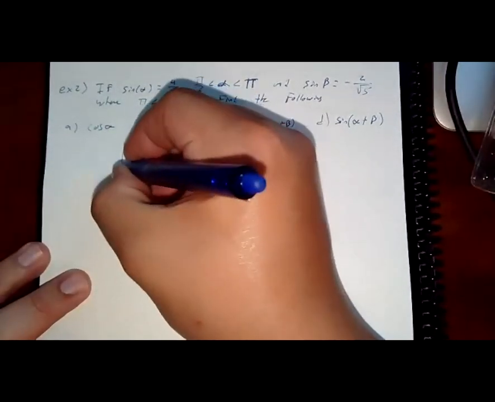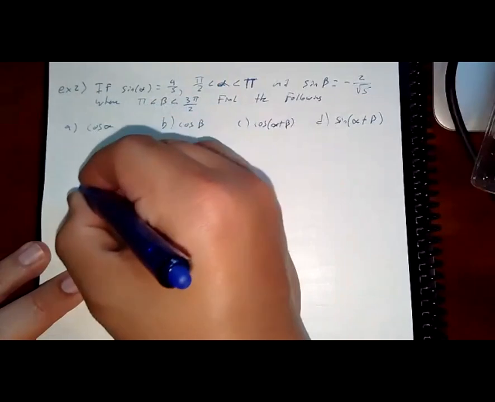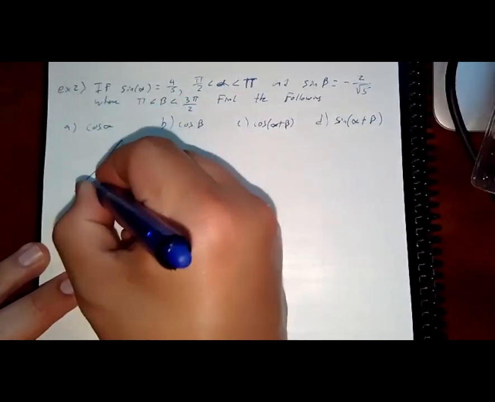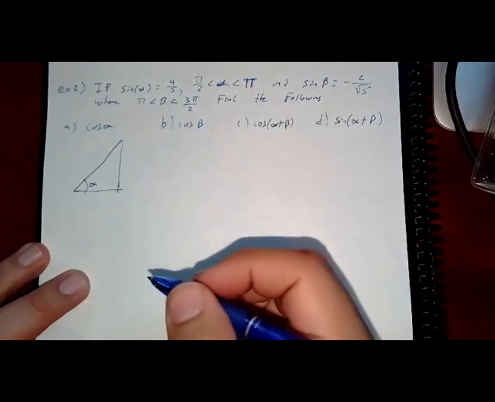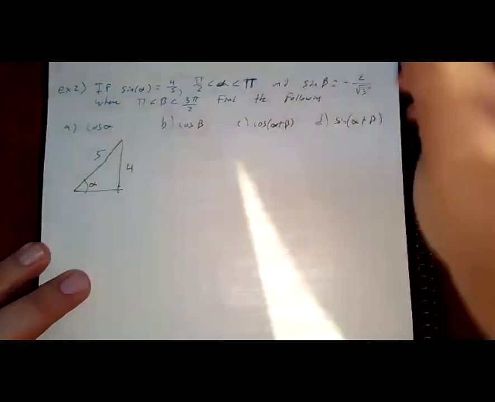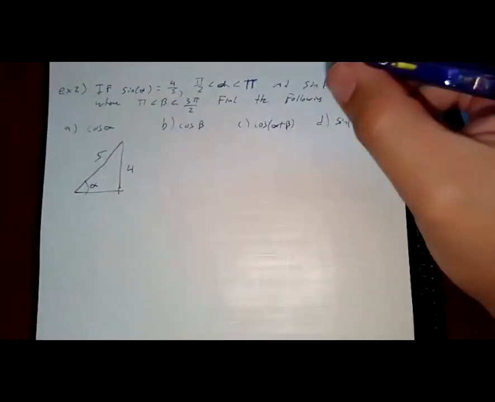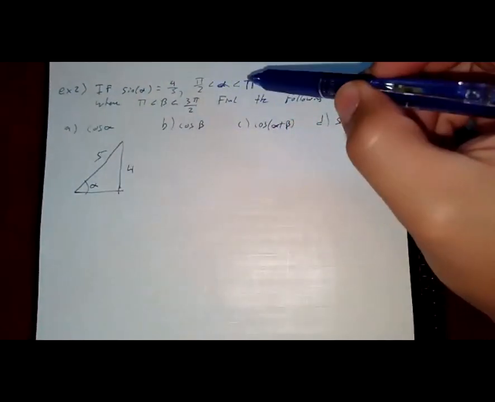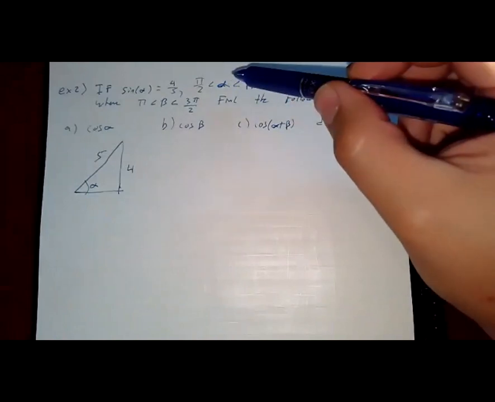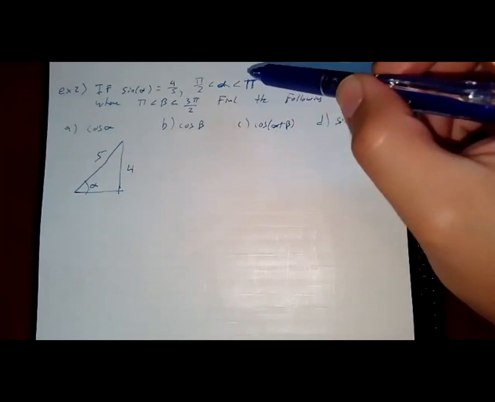Okay, so using the alpha, they define it as 4/5. So 4 over 5, right? Opposite over hypotenuse. Alpha is between pi over 2 and pi. So what quadrant is that?